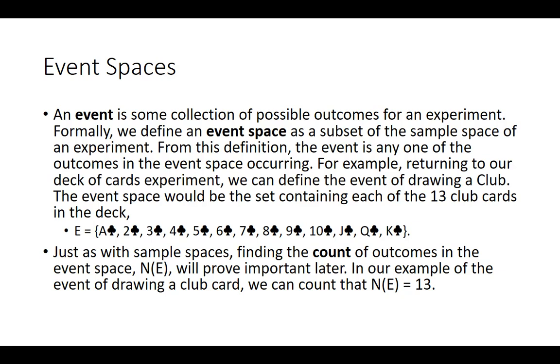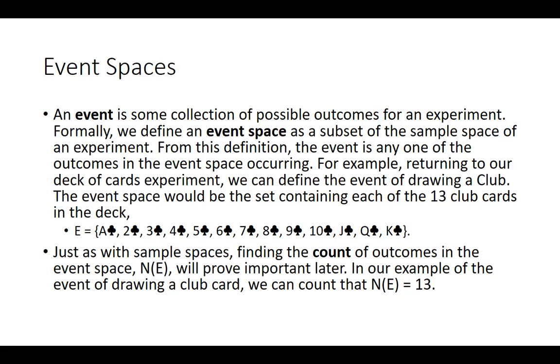So the set E would be the ace of clubs, the 2 of clubs, the 3 of clubs, the 4 of clubs, the 5 of clubs, the 6 of clubs, the 7 of clubs, the 8 of clubs, the 9 of clubs, the 10 of clubs, the jack of clubs, the queen of clubs, and the king of clubs. So the sample space S would be all 52 cards. The event space E is just the 13 club cards.